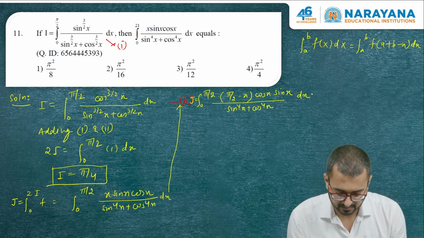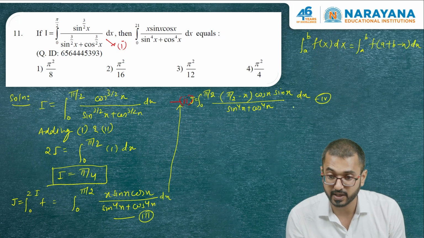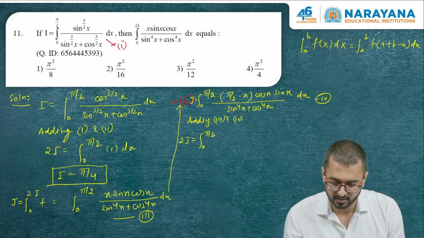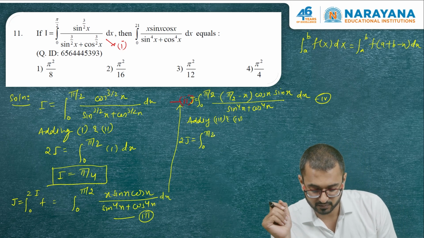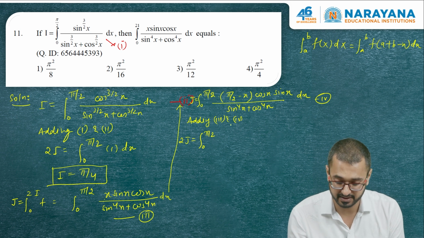Now adding, let's call this equation 3 and call this equation 4. So adding 3 and 4 will give me 2J is equal to 0 to pi by 2. Now pi by 2 cos x sin x would survive, and that x part will get cancelled because this is x and here we have minus x.